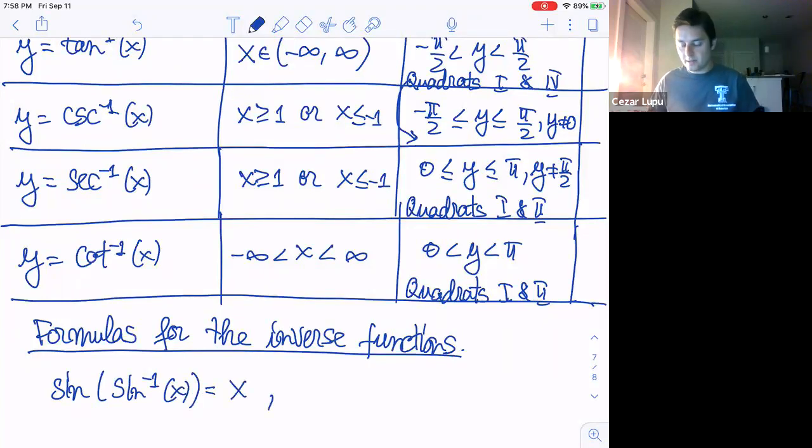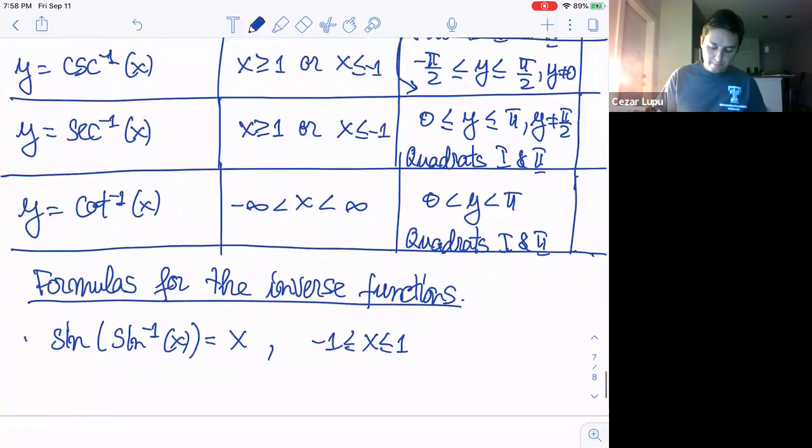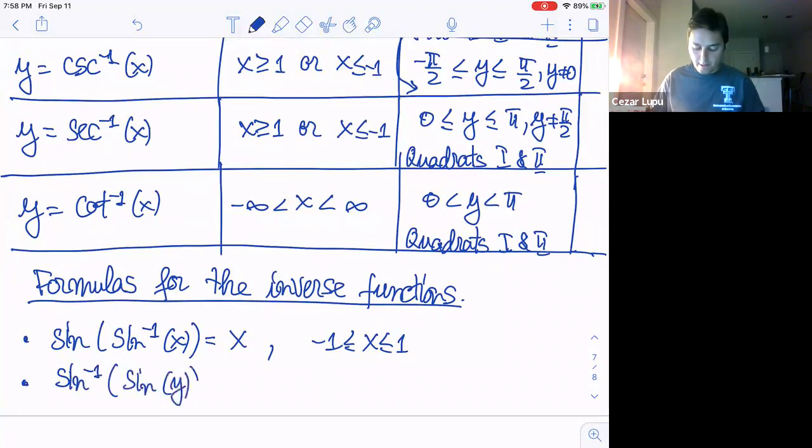This will be the identity function. So this happens for all x between negative 1 and 1. Well, another one, if we want the other way around, sine inverse of sine of y, guess what? It will be the same thing, for all y between negative pi over 2 and pi over 2.